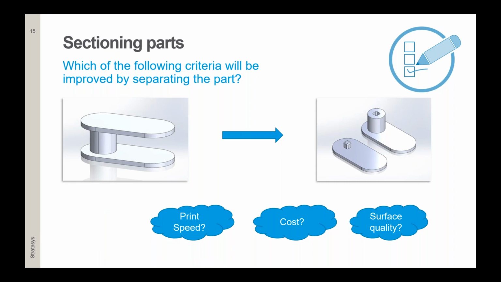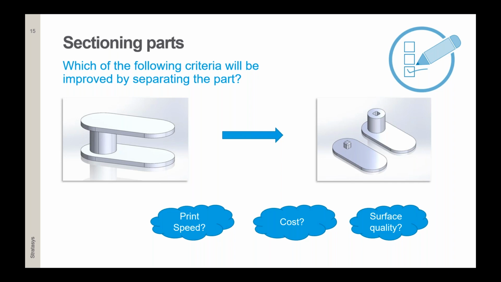What about printing speed? Of course, as you remember from the first session, when we print as flat as possible and we don't have any support structures in between, like we would have support structures here, the printing time is faster.